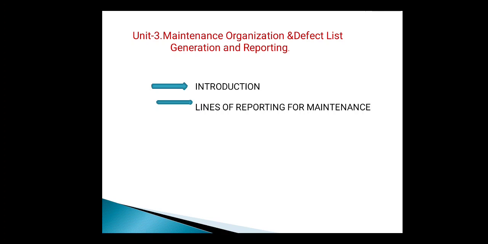It includes all types of work. They are not only involved in maintenance, they also check the conditions of every department, whether the working machines are running properly or not. So inspection can be done by the maintenance department also.